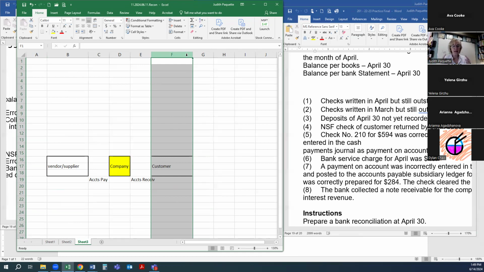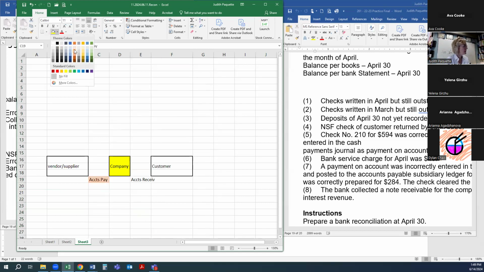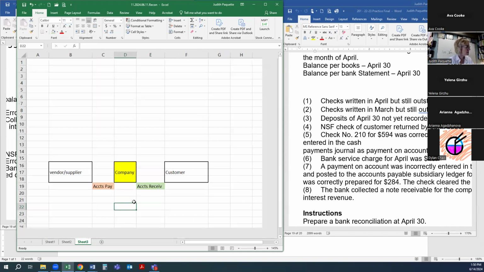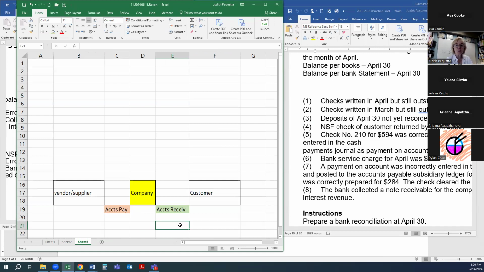You're going to have to say, is this a customer check? Which means the company gets it, cash goes up, accounts receivable goes down. Or is it a check the company wrote, which means cash goes down and accounts payable goes down, when we pay our suppliers. So know that accounts payable is used when we pay suppliers, and accounts receivable is used when we get money from our customers. I hope that's not too small there. And just keep those straight.